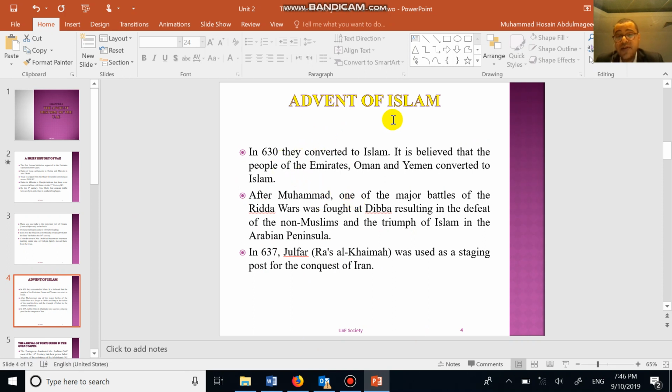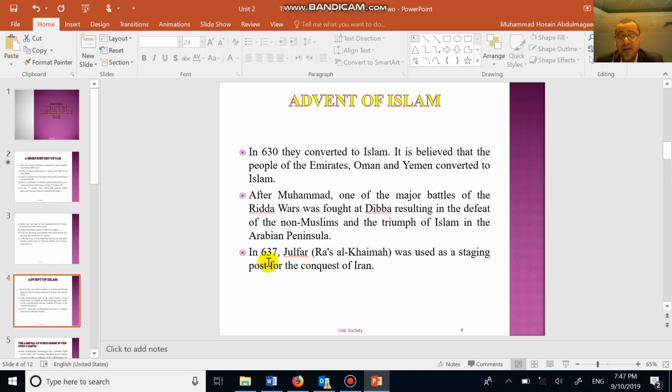The advent of Islam. The UAE people, like Emirates, Oman, and Yemen, converted to Islam without war, in the year 630. After the Prophet Muhammad ﷺ, there was a major battle called the Rida Wars, fought at Liba, resulting in the defeat of the non-Muslims and the triumph of Islam.